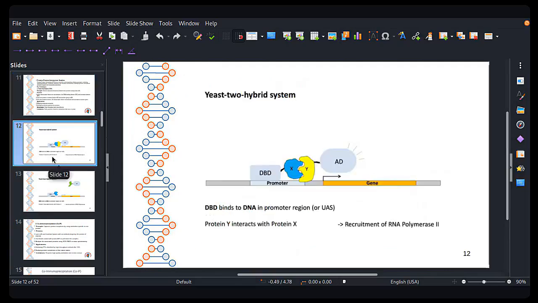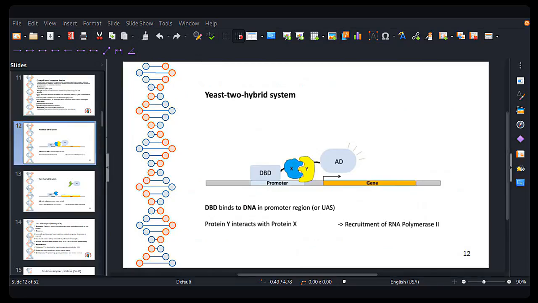Okay, see, simply हम इसको देखते हैं. हमने दो domains लिए. One is DNA binding domain and other one is activation domain. Okay, अब हम क्या करेंगे? I think I can use Hindi here, right?